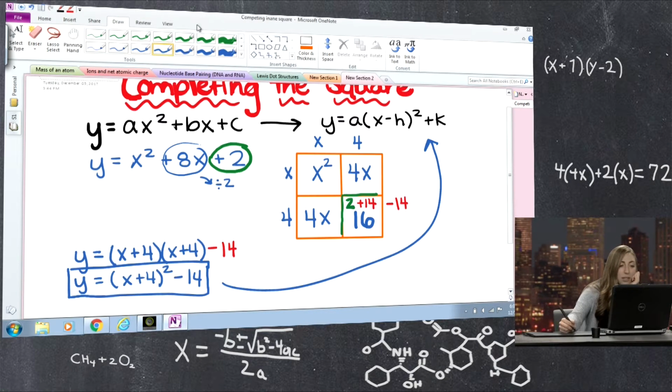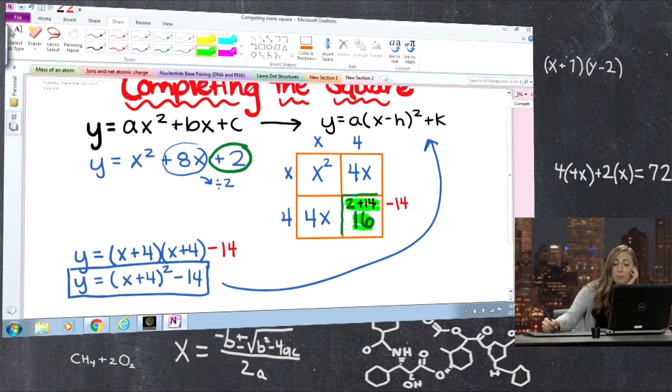So this process right here on the bottom right, let me highlight this for you. This process right down here where I added 14 and subtracted 14, by me doing that, what I did is I completed the square.